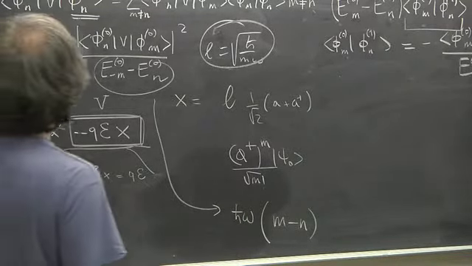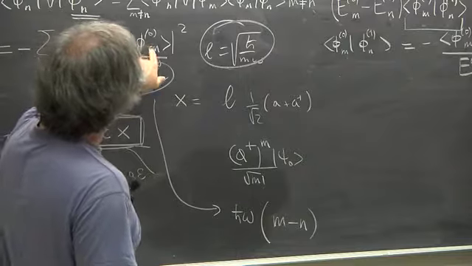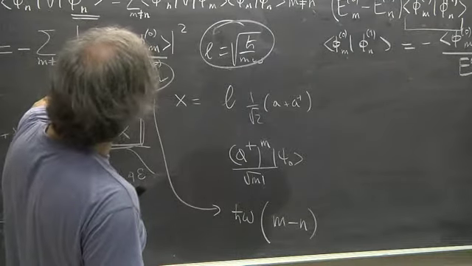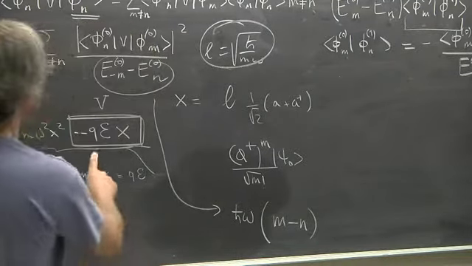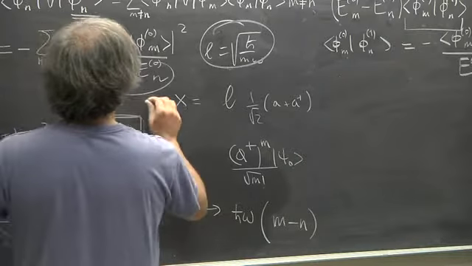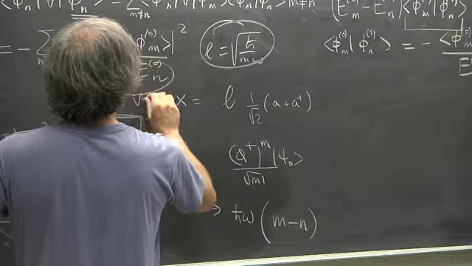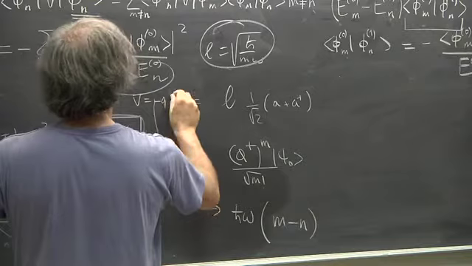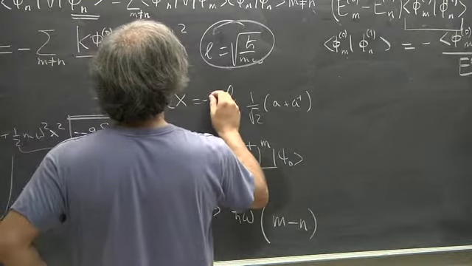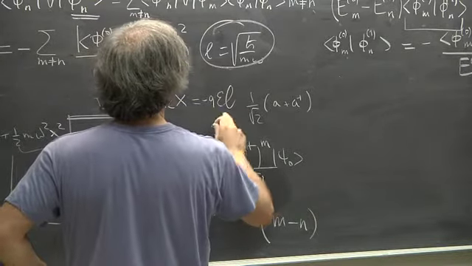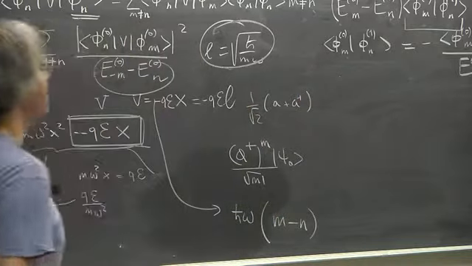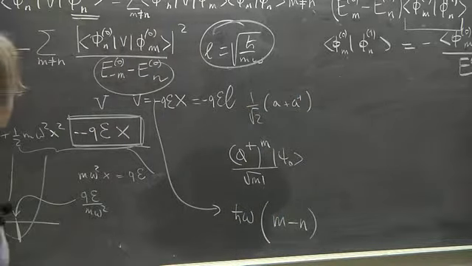So let us calculate. The perturbation V is really minus Q, the electric field, X. So minus Q, the electric field, L, so this is explicitly the perturbation.